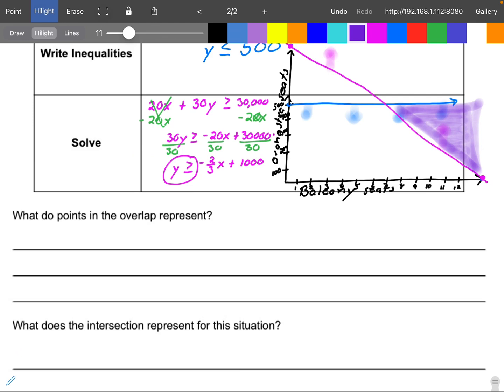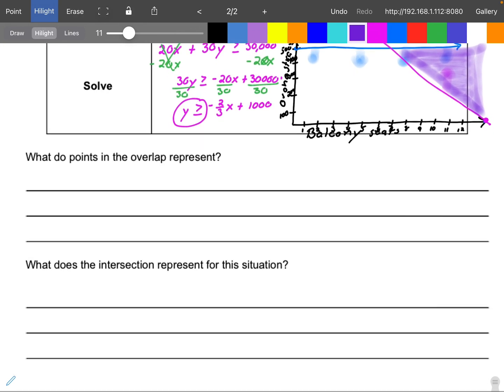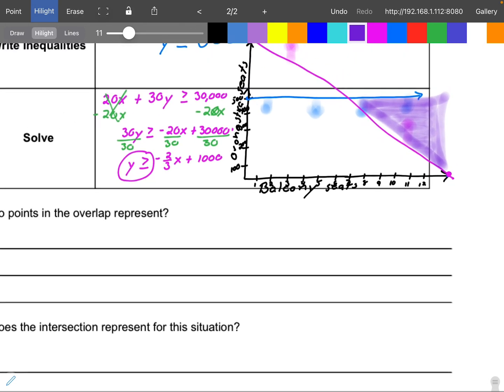So it's all the combinations of balcony seats and orchestra seats that would raise at least 30,000 or more.